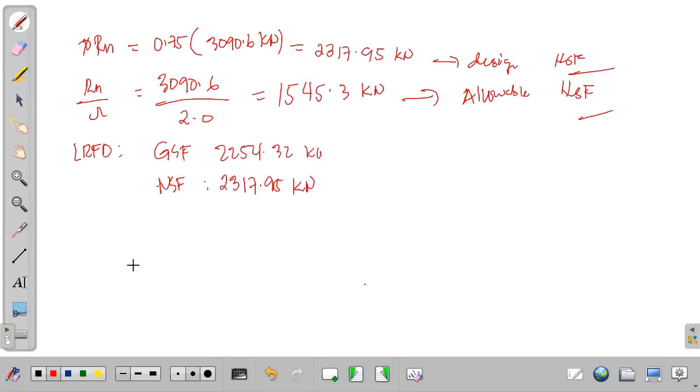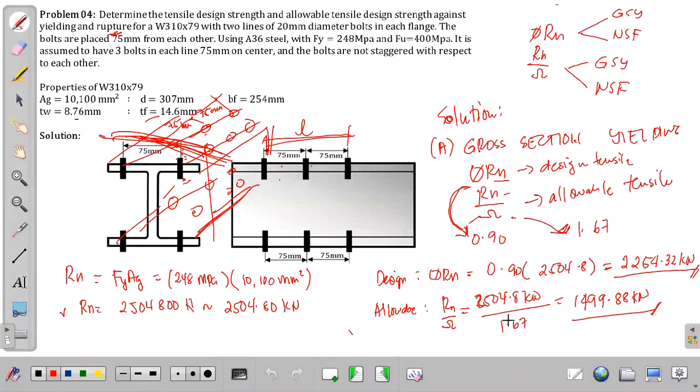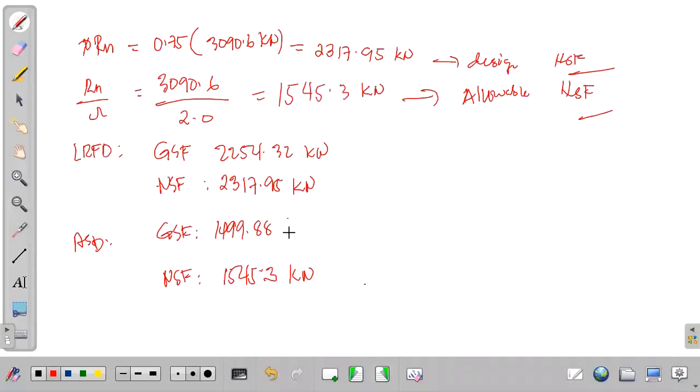And for the allowable, that is for the ASD, dalawa din yung na-solve natin. For the gross section and then the net section. For the net section, ito yung na-solve natin, 1545.3 kilonewton. And then the other one, for the gross section, we have 1499.88.